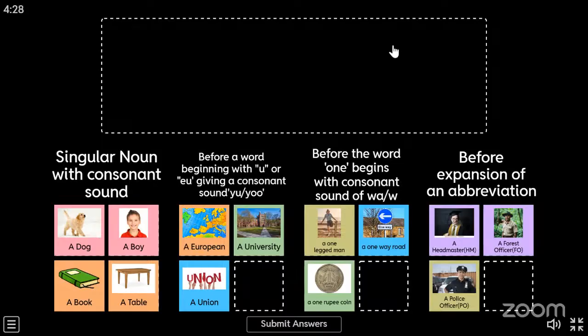Okay, understood? When and where we use this article, did you understand? Clear enough? Shall we move on to the next article? We have seen where we use it now, let's see the next. Okay?